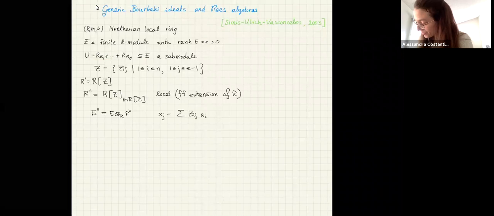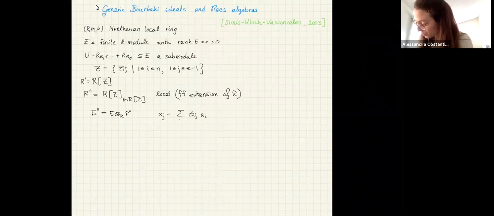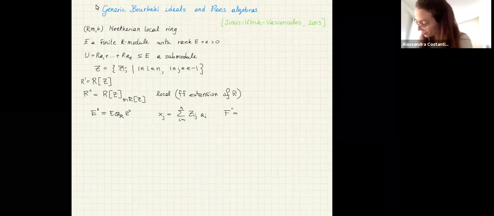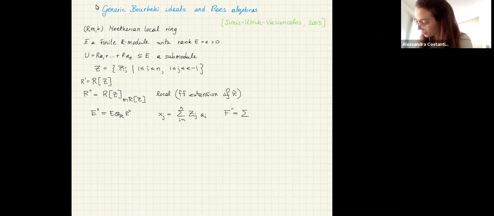Okay, so this is I from 1 to N. And then you construct the module F double prime to be the sum, J from 1 to E, of these elements Xj.